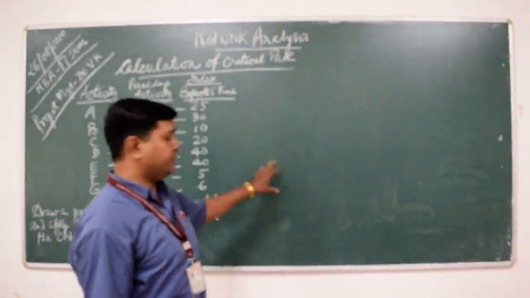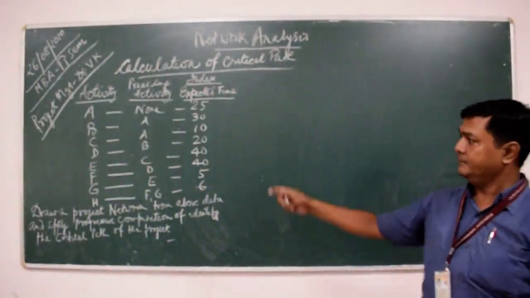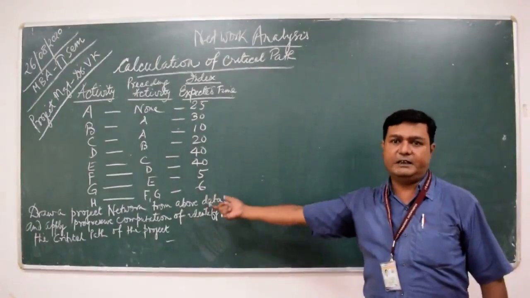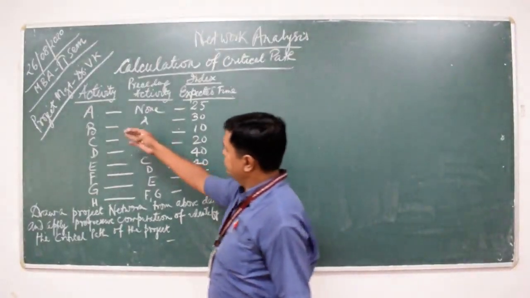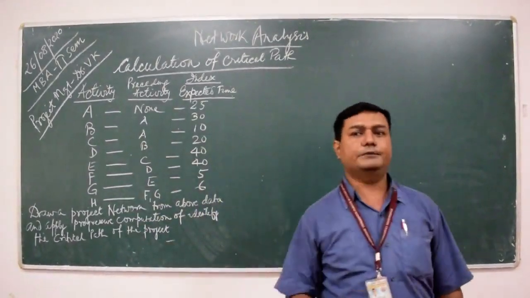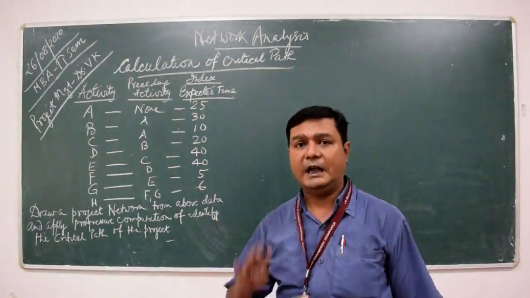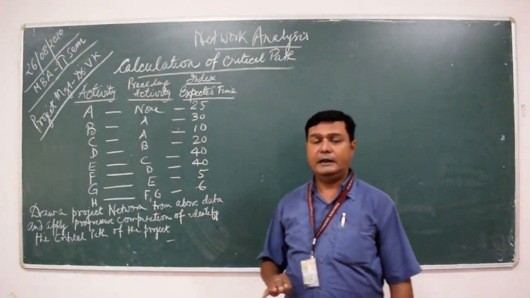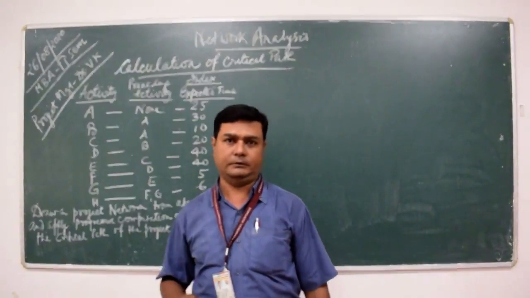So, first of all, I am going to draw a network diagram with the given data. You can copy the data. Here, the data is given about the activities, so there is no information about the events. But I have dictated to you the rules of network construction.